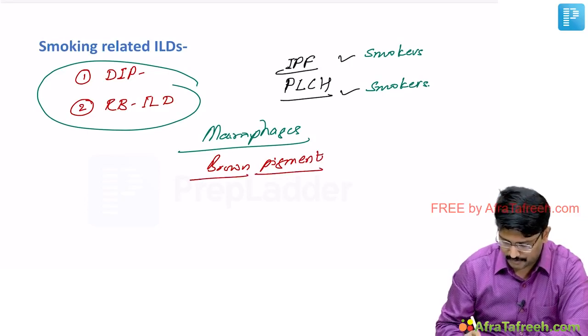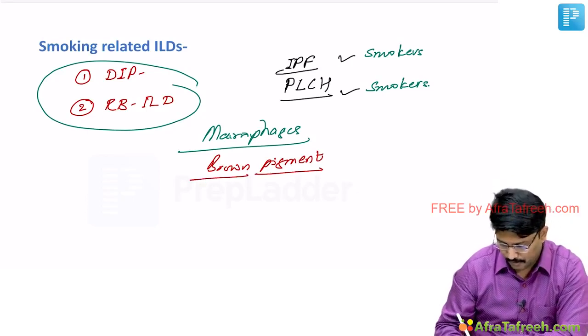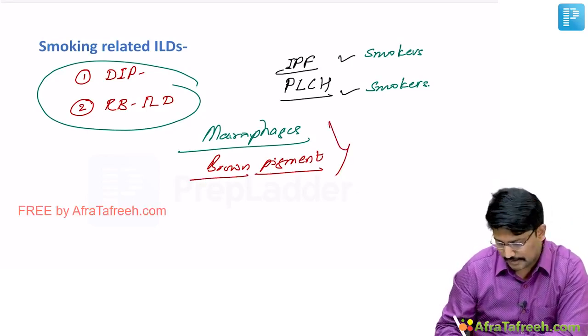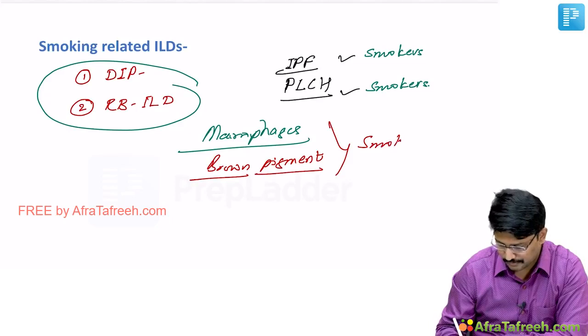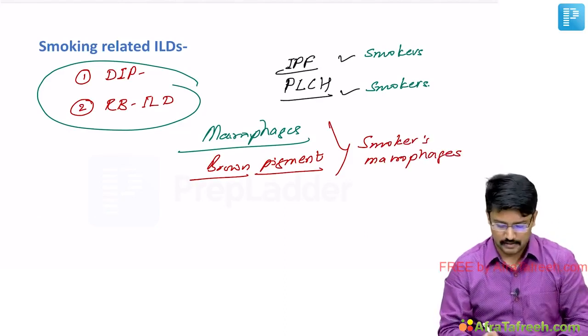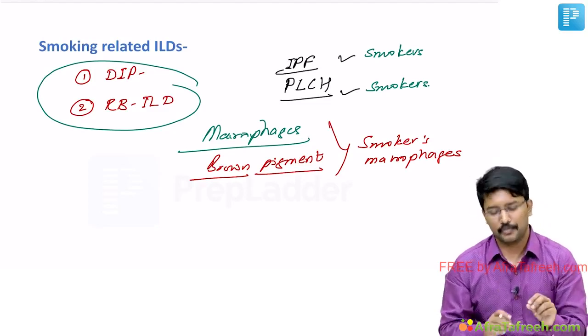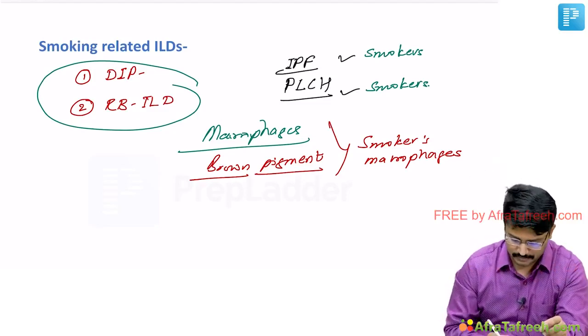Brown pigmented macrophages are the hallmark of these two, and some pathologists call these smokers' macrophages. Both entities, though they have a similar histopathological hallmark, the distribution significantly differs.